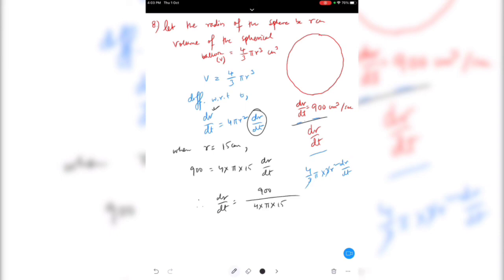Tell me, how much is it coming? 4 cancels, 225, 15 cancels with 15. Is it coming 1 by pi centimeter per second?